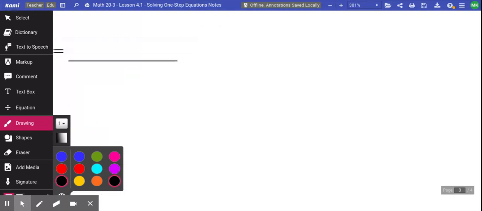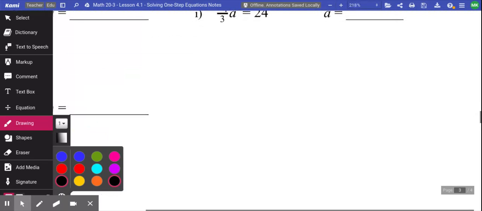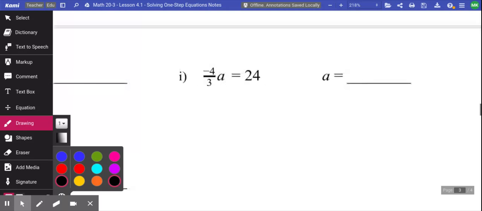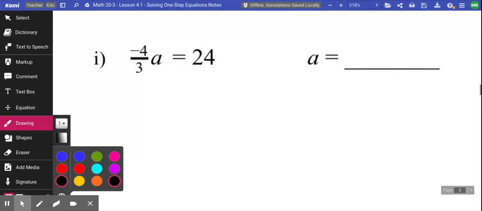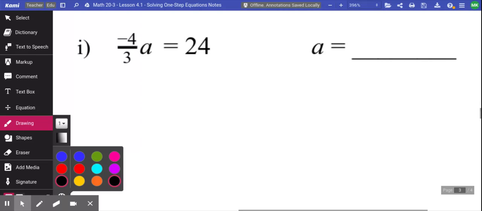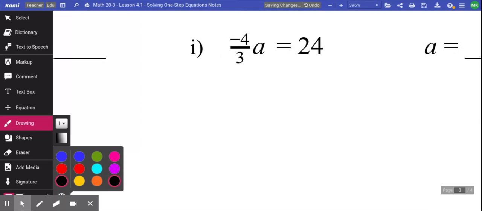So if we slide over and up to this one, I would rewrite that so that I don't have those fractions out front. So I'd rewrite it like this: negative 4a divided by 3 equals 24.